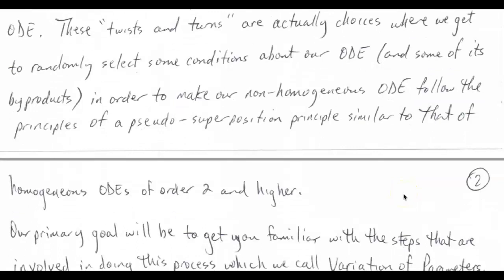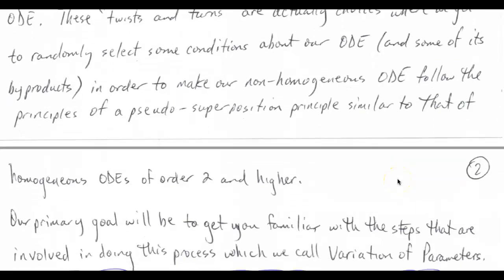So what I'm getting at here is that whenever we solve homogeneous ODEs, one of the things that we know is that if I have a y sub h, and I'm just assuming a second order, I could assume that my solutions are going to look like this, where my y1 and my y2 are functions that create a basis of solutions for my homogeneous equation.